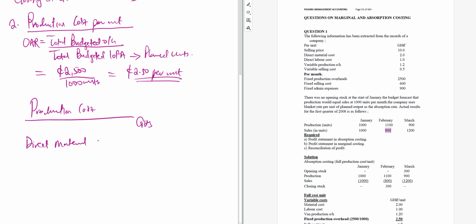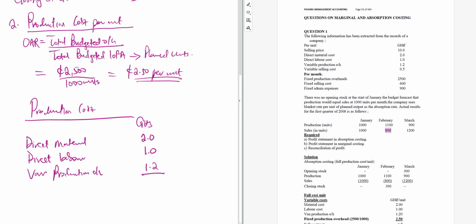We have direct material being 2 cedis, direct labor being 1 cedi, and variable production overhead being 1.2. These were the only variable costs of production. The other one is selling cost, which has to do with selling and admin cost, so it has nothing to do with production.